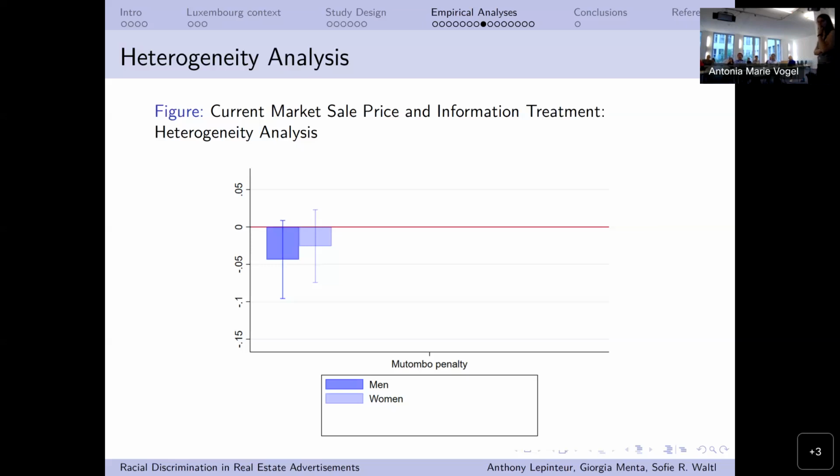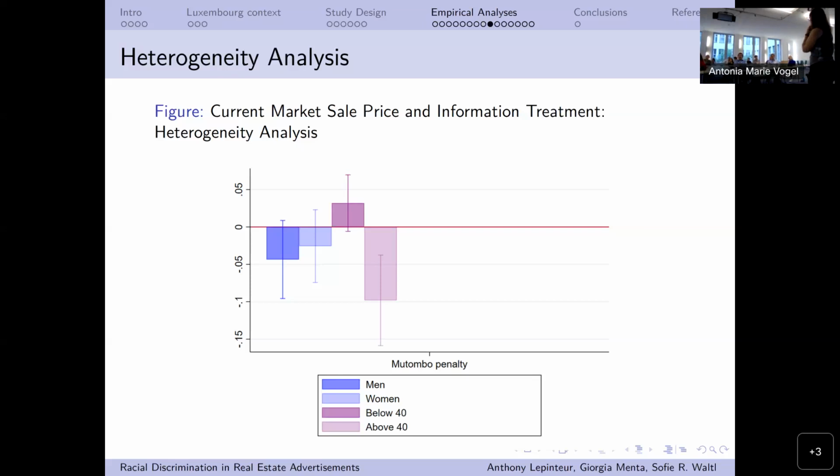First, between men and women, there's no difference. They're both equally strongly or weakly discriminating in that sense. That's also in line with previous literature. There was never found a gender effect when it comes to that. But what has always been found is that there is an age effect. So it's usually the older people that are more discriminatory and younger people being more open.